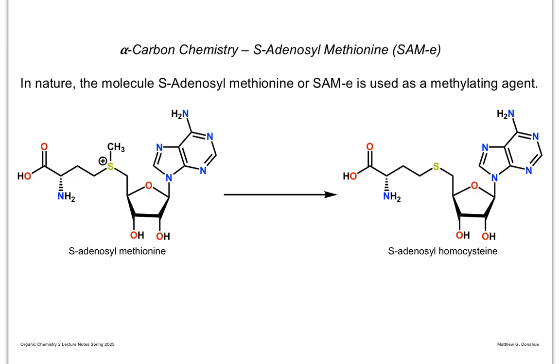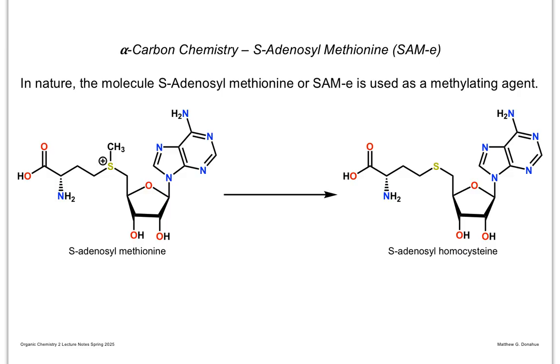The molecule shown on the left is called S-adenosylmethionine. You may have heard of it on supplement commercials. It's called SAMe. So people take it for things like depression and anxiety and stuff like that. And so SAMe is what nature uses to put a methyl group on something.